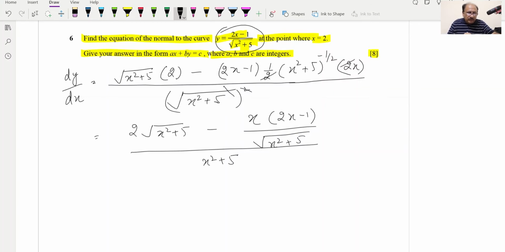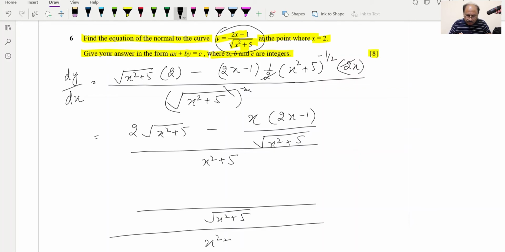And now we can rewrite it as, first we'll take the LCM of the upper portion, and that will be square root of x squared plus 5. It is a fraction over fraction, so x squared plus 5 as it is, and this will be 2 into under root of x squared plus 5 squared, and minus x into 2x minus 1.